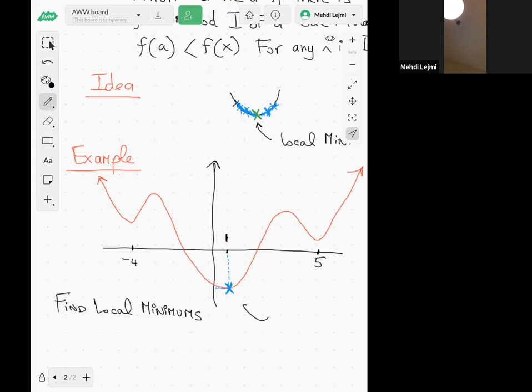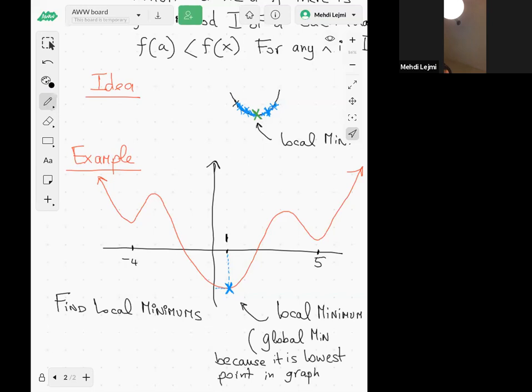It's a local minimum because it's the lowest point in a neighborhood, but it's actually a global one because it's the lowest point in the whole graph. Now, do we have other local minimums?